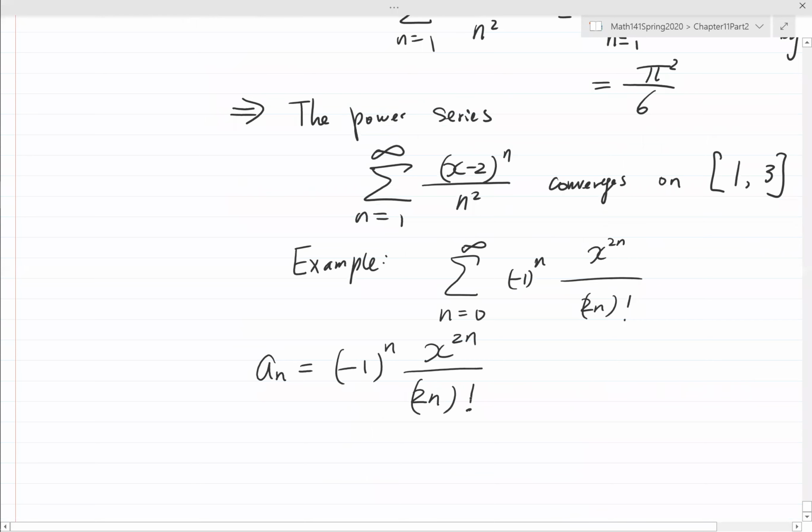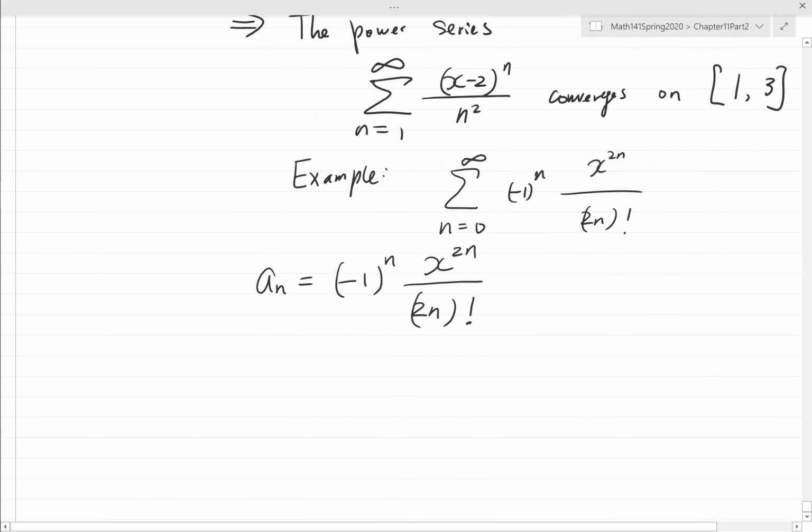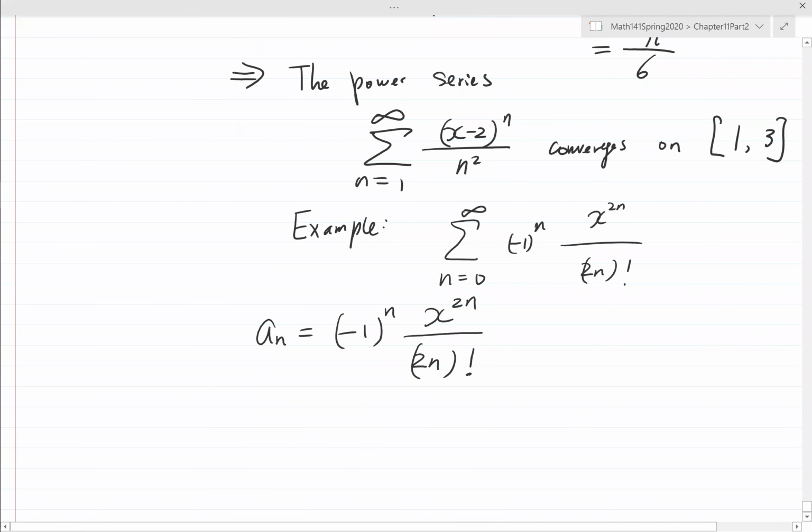In general, to determine the radius of convergence of a power series, what test do we usually use? The most useful test for power series is the ratio test, or the root test. In general, the ratio test is more often used.